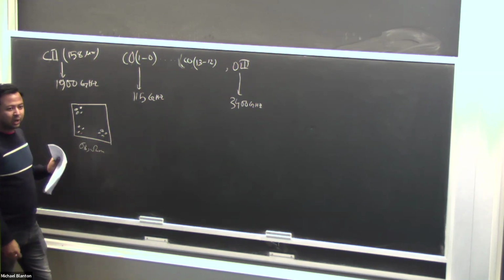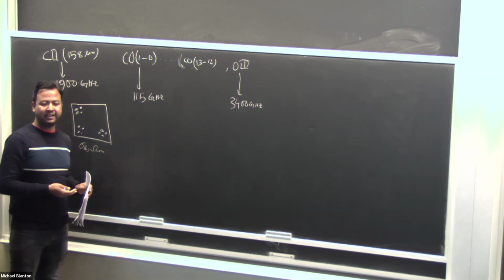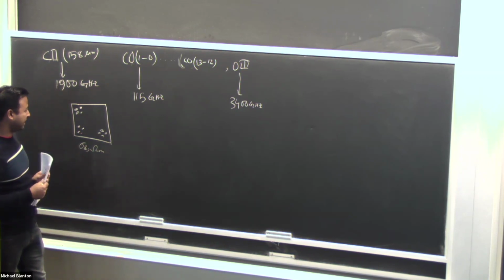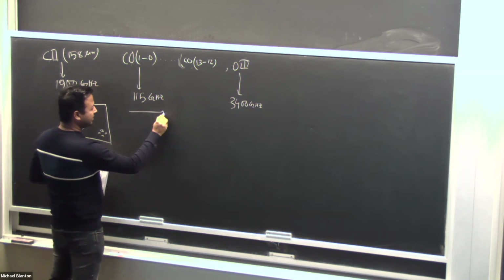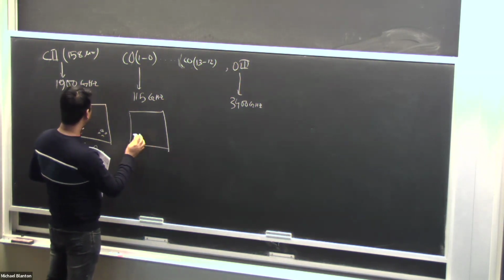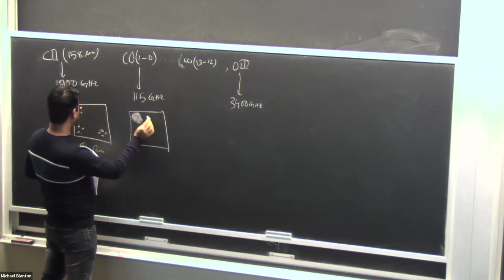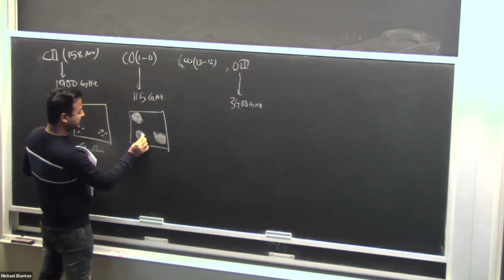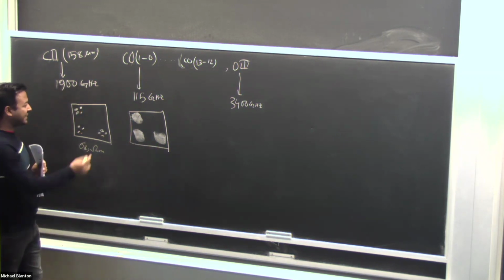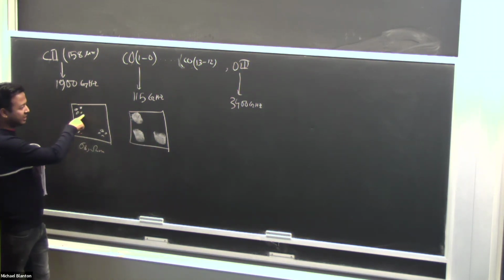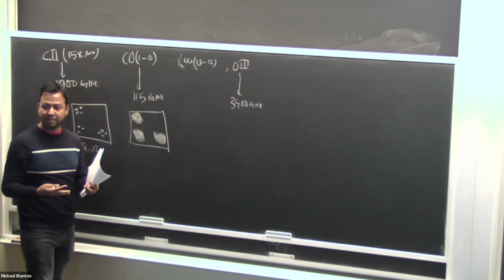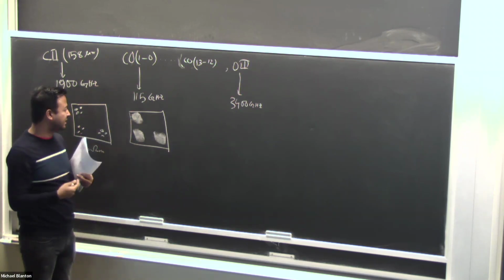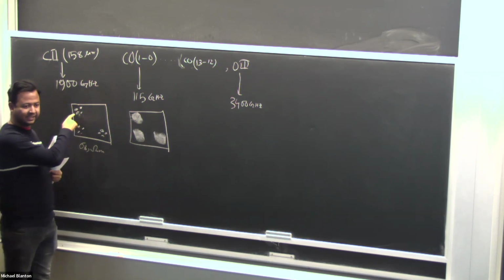Now the question is, what will I observe if we have a line intensity mapping experiment? What I'm basically going to see is something like this. I cannot probe the individual galaxies here, but rather I'm observing the integrated emission from all the galaxies.